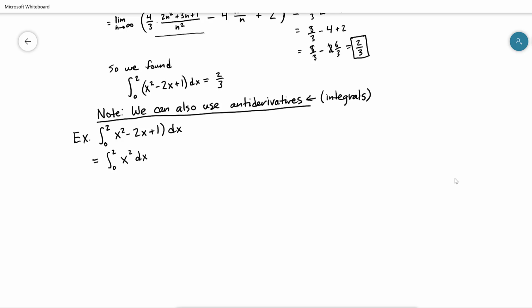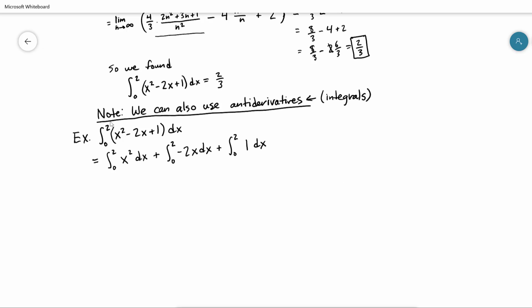Remember that this is in parentheses, so you can think of that dx as distributing through and hitting all of the separate terms. So I'm going to break it into 3 separate little definite integrals here. The second definite integral will be the one from 0 to 2 of negative 2x dx. And the last one will be the integral from 0 to 2 of just the 1 times the dx.